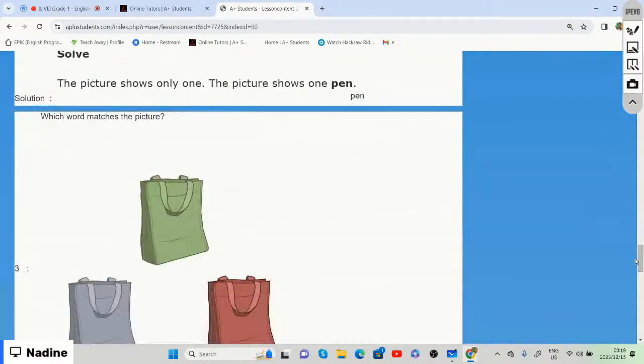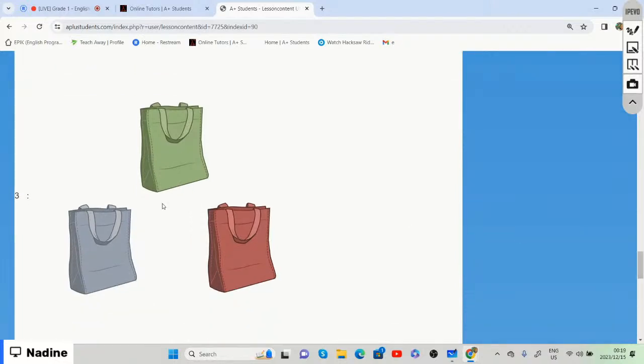All right, so which word matches the picture? This one, two, three. Three what do we see? So here we have one, two, and three.